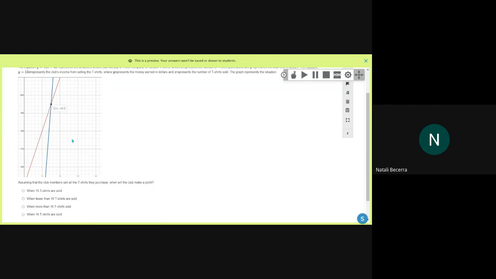Assuming that the club members sell all the units they purchase, the x is the t-shirts, right? So the 15. They will be making a profit whenever they sell more than that, right? So look at your answer choices and think about that.